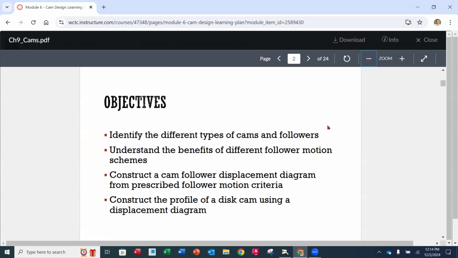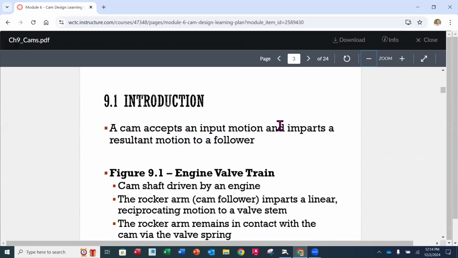So we'll be looking at a couple in detail. Then I want you to have the opportunity to construct a CAM follower displacement diagram based on whatever type of follower motion is identified. And then lastly, we're going to construct the profile of a disk cam using a displacement diagram. Okay. So those are the things that we're going to be doing.